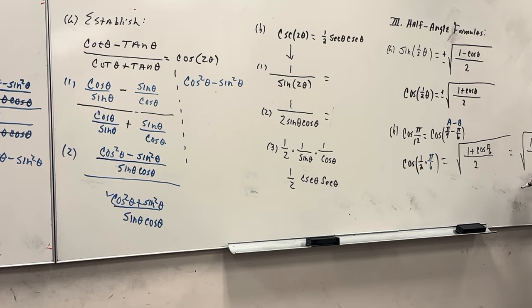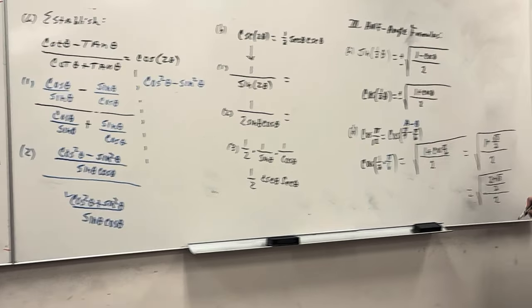This is where some of my students will mess up. Clean this up. Combine those two on top over the common denominator 2. We end up with 2 plus radical 3 over 2, still underneath there, over 2.